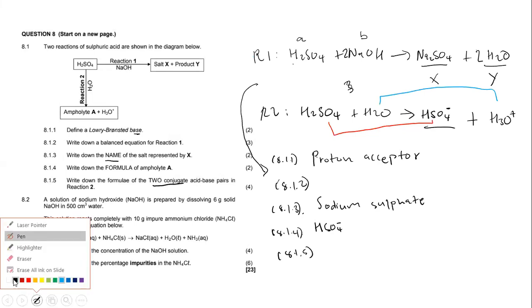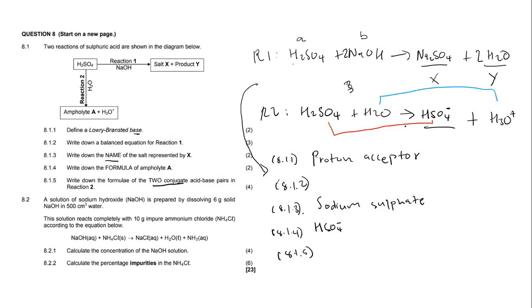So now this is what I'm going to do. This is very simple. These are conjugate acid-base pairs. This is the conjugate of this one, and then these are the conjugate pairs. So that means we're going to say it's H2SO4 and HSO4 minus ions. This for 4 marks.